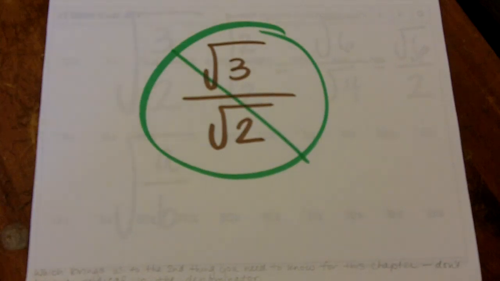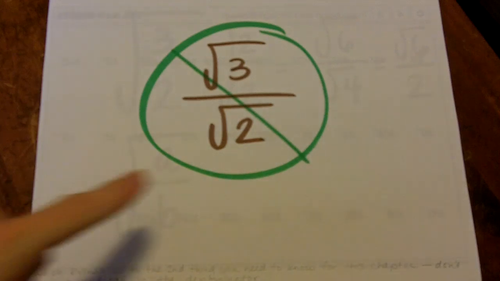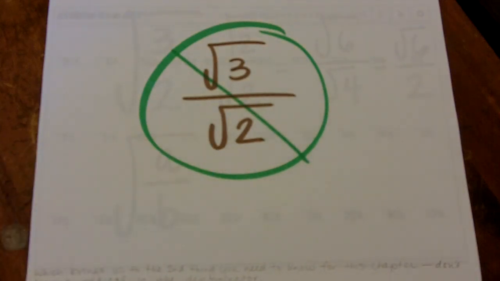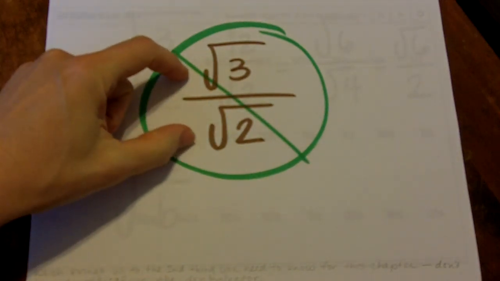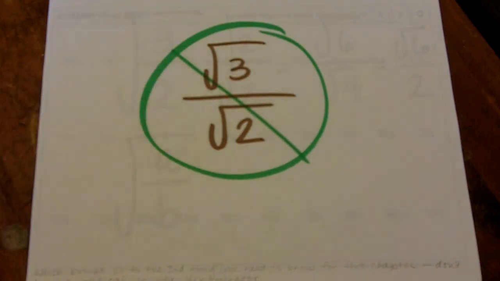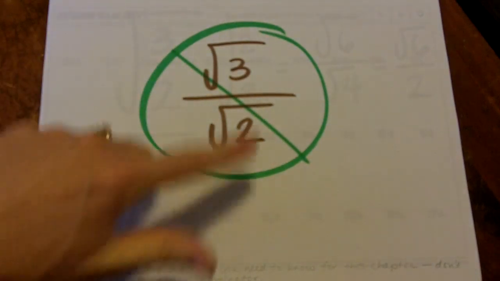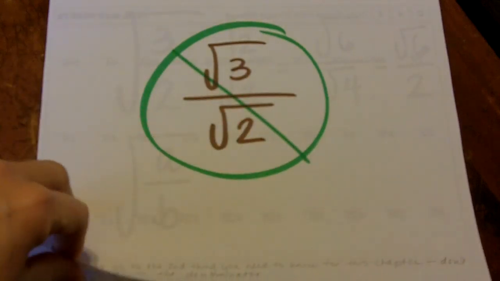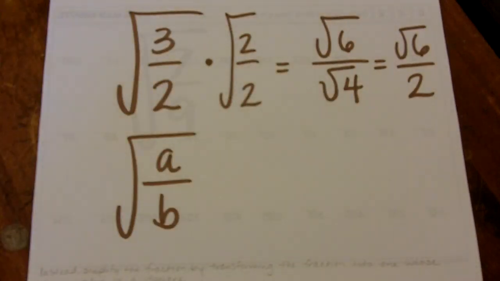The second thing that you need to know in this chapter is that you don't want to leave a radical in the denominator. While we can express the fraction 3/2 as the square root of 3 over the square root of 2, we can't leave it in this form. So instead, we simplify the fraction by transforming it into one whose denominator is a square.